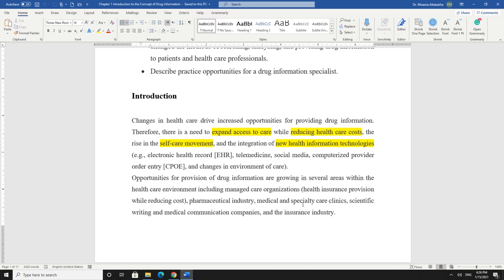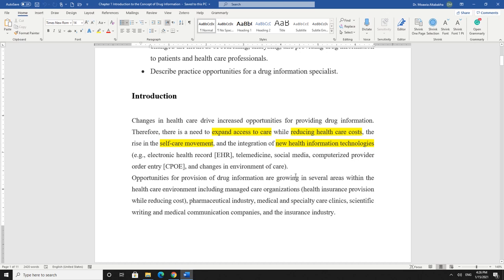All of these things are put together in order to facilitate and speed up the prescription of the correct medicine to the patient, where this prescription goes to the pharmacist in order to dispense it to the patient in a timely manner.